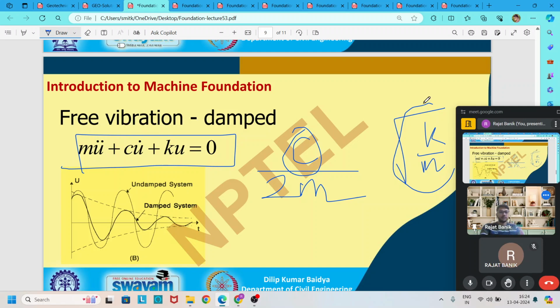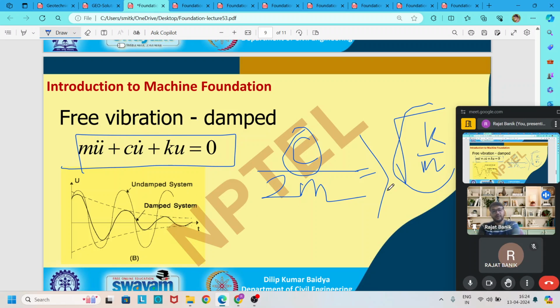If c by twice m is greater than root k by m, it is called an overdamped system. If it is equal to root k by m, it is called critical damping. If it is less than root k by m, it is called under damping.